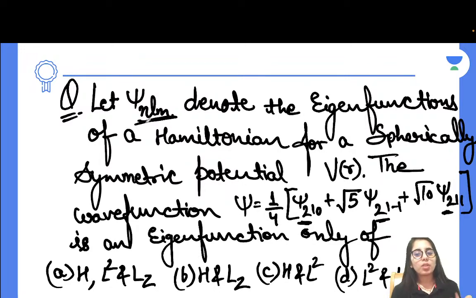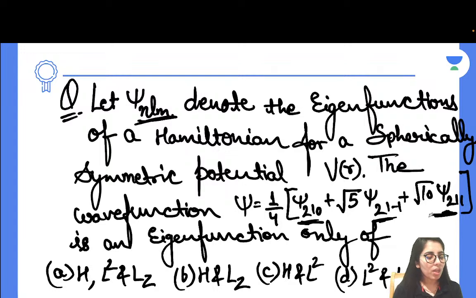In that case, you have to consider E2. When you consider E2, it is the same for all the states. Even if you get some constant outside, that's all right, but other than that, it's not going to remove any of the wave functions or states from the overall system. So that means it is the eigenfunction of energy, the Hamiltonian. You got that, okay?